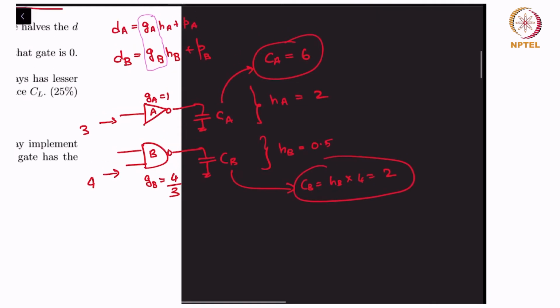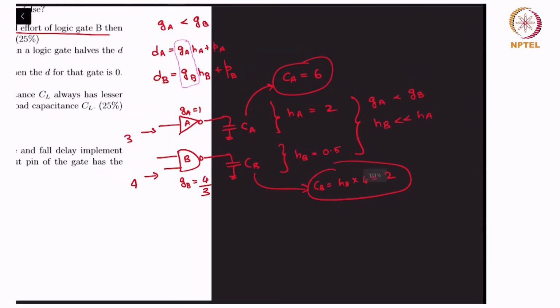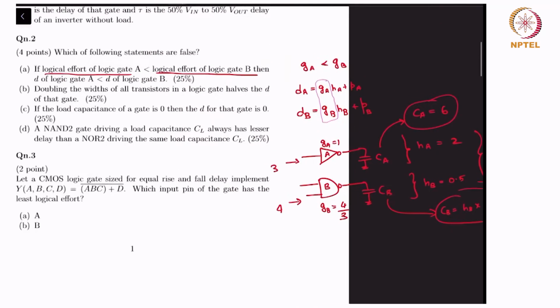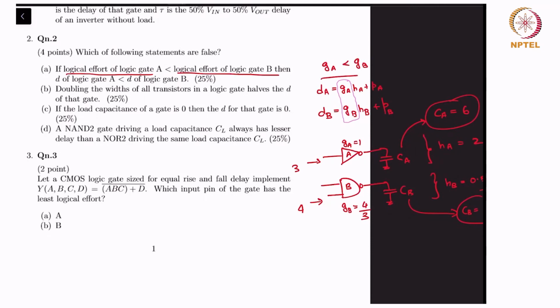So because of that, HB is far less than HA, even though GA was only slightly less than GB, right? So it's not necessary that just because GA is less than GB, that DA will be less than DB. This is not at all necessary. So the statement is false.